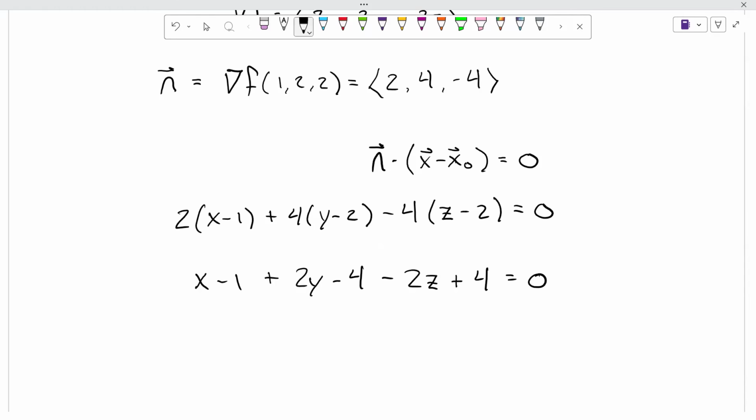And then I could simplify that part too. x plus 2y minus 2z minus 1 equals 0. Yeah, I think that's what we get.